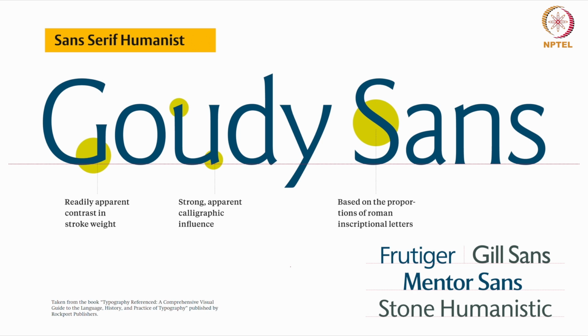This style offers warmth and readability, often used in body text for its friendly, approachable feel. Examples include Gaudi Sans, Gill Sans, and Optima. The counter is also very interesting and very rhythmic.